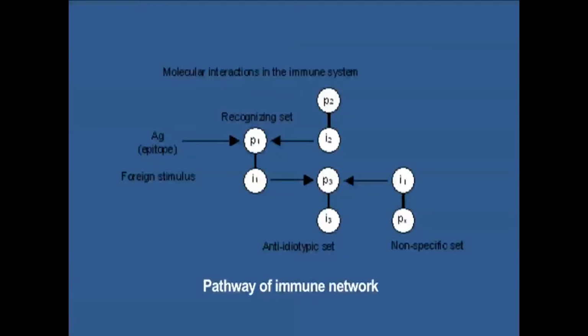And this network comes under immune network hypothesis. So here there is a specific recognizable set, say P1 or P2 or P3, binding with specific stimuli, and thereby this platform increases. And as this platform increases, naturally there will be more antigen antibody binding.